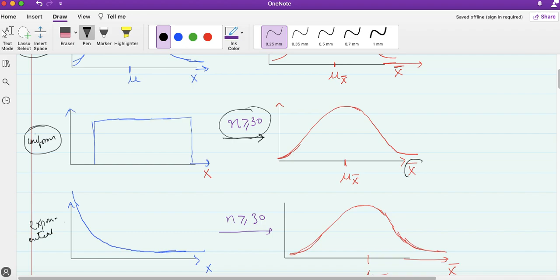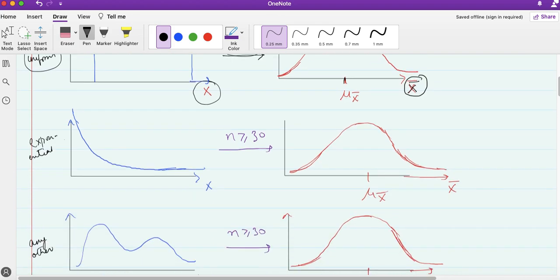The point is that whatever the sample might be, if you pick it, find its average and plot them, you will always get a normal pattern. Here the plotting is of averages, and averages will have a mean also, so it will always create a normal pattern.